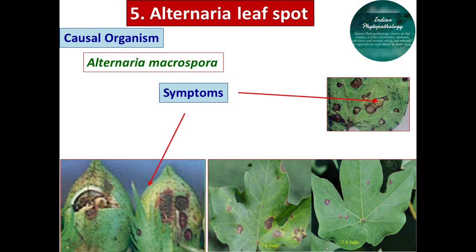This disease may occur in all stages of crop growth, but mostly it is severe 45 to 60 days after sowing. Sometimes stem lesions are also seen due to this Alternaria leaf spot.